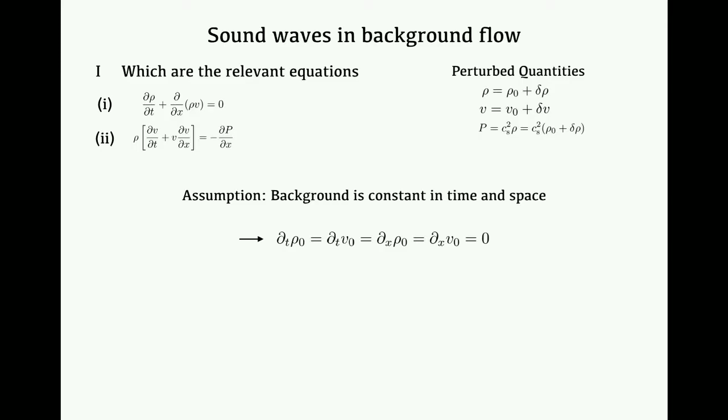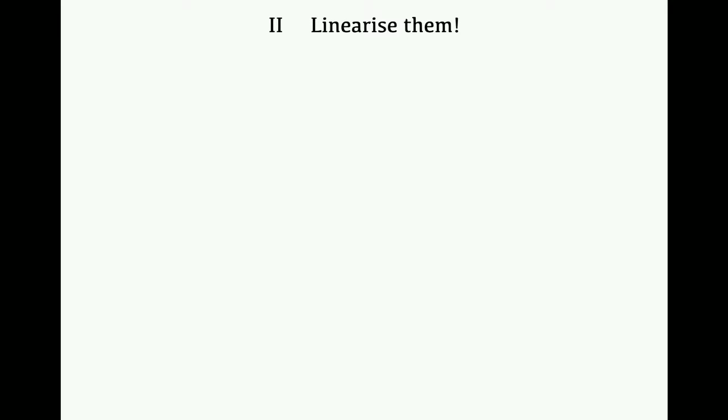Okay, so next step is to linearize the equations. We will do this by inserting the expressions of the perturbed quantities into equation 1 and 2. So let's start with equation 1.